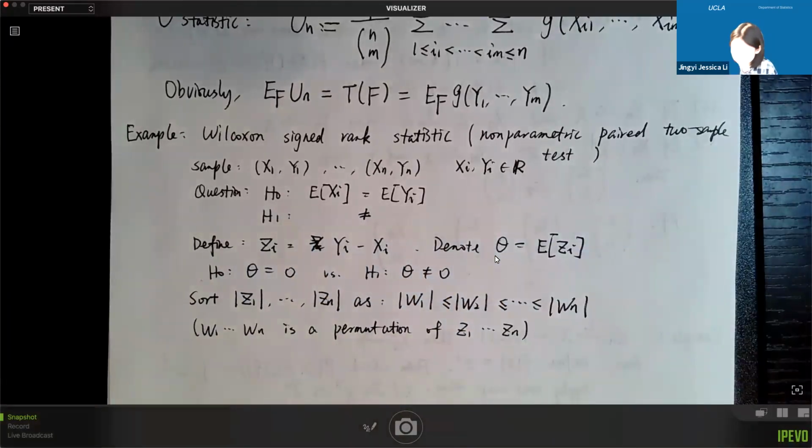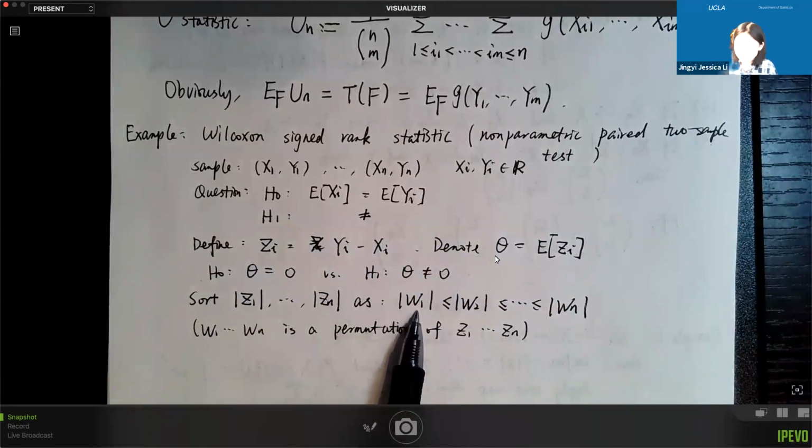And here the sorting is a little trickier, so that's why we didn't use the order statistic notation, because here we sort based on the absolute value, not the original values.